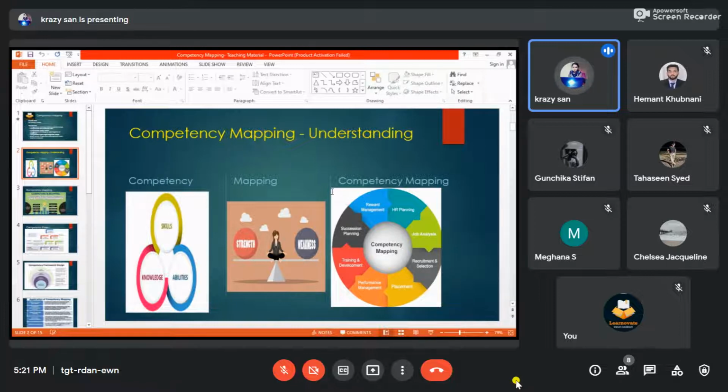And when those human resources' skills, knowledge, abilities are used with proper measurement, mapping of strength and weakness, in different frameworks, that is reward management, HR planning, job analysis, recruitment and selection, placement, performance management, training and development, succession planning.